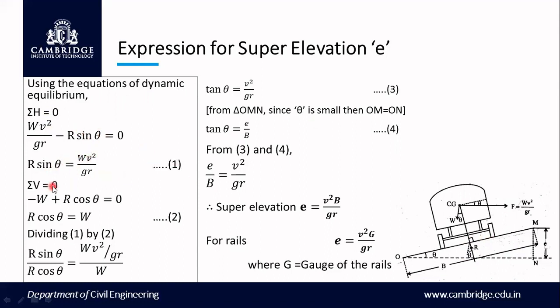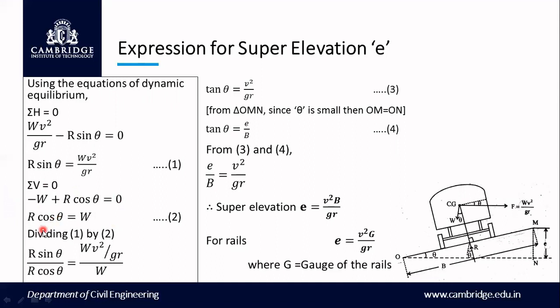Next condition is sigma V is equal to 0. Summation of all the vertical forces is 0. W is acting vertically downwards, so I take it as minus W. And the vertical component of the reaction will be acting upwards, so plus R cos theta is equal to 0.